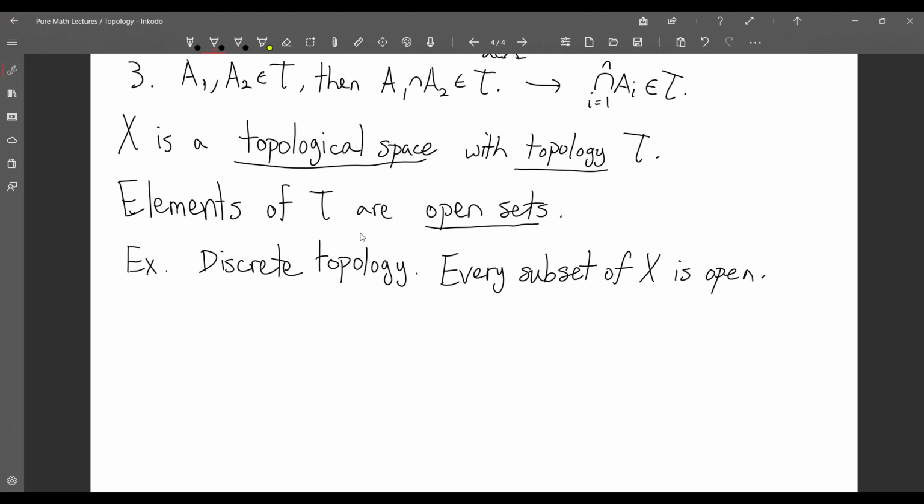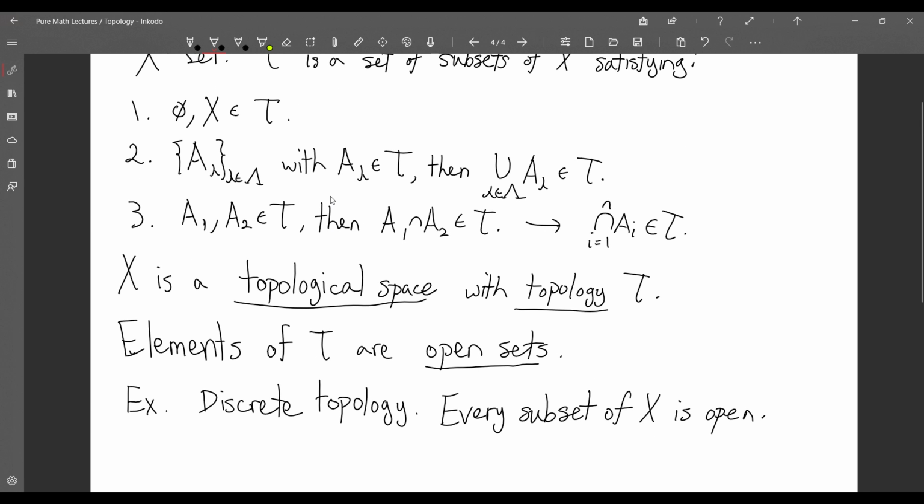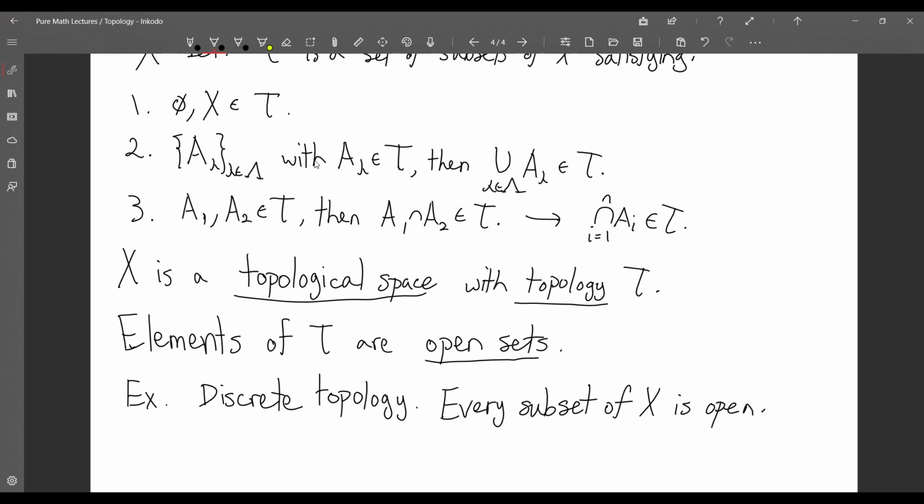So T, the topology, contains every subset of X. And so obviously these unions and intersections are going to stay in T, and then obviously we're going to have these two, the empty set and X, right? So this is sort of the most general topology, and it's not very mathematically interesting, but this is just one of the things we can define right away.